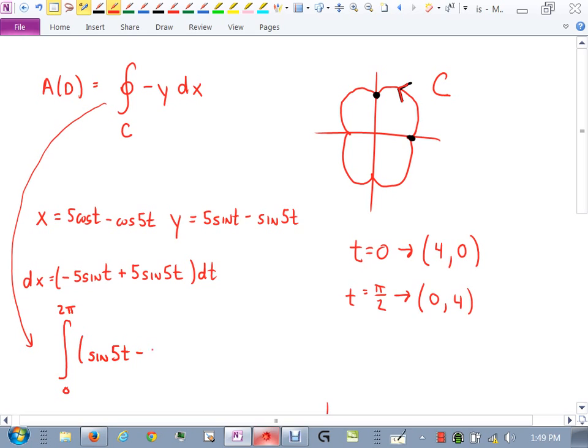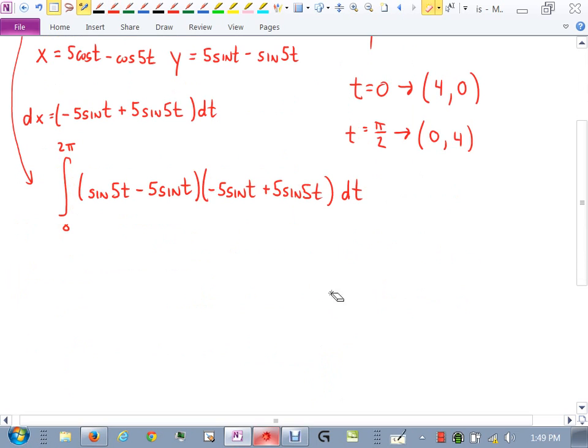I'm going to just swap the order. And then we multiply that times negative 5 sine t plus 5 sine 5t dt. And we multiply this out. So here to here, we get negative 5 sine 5t sine t.